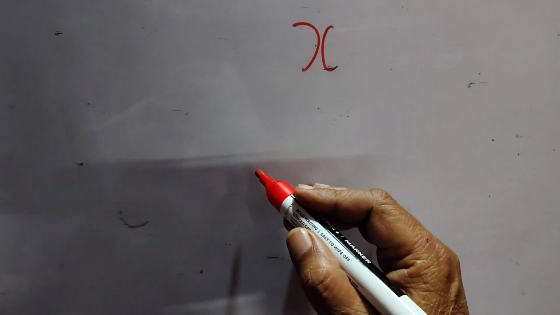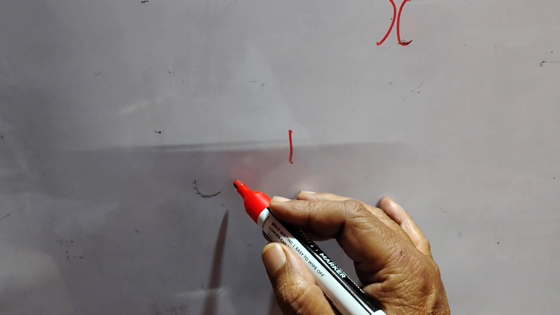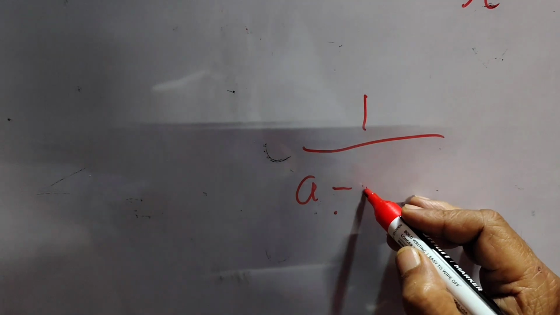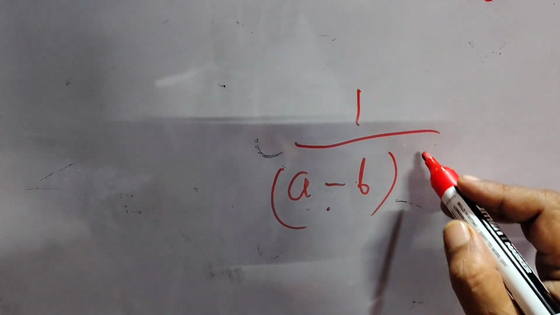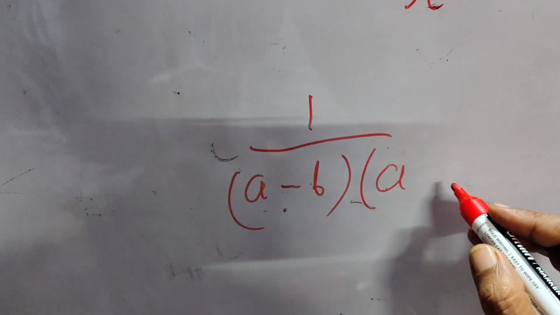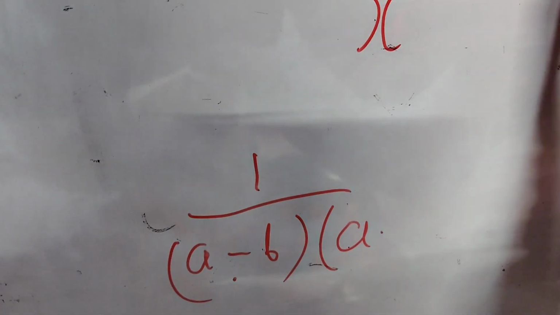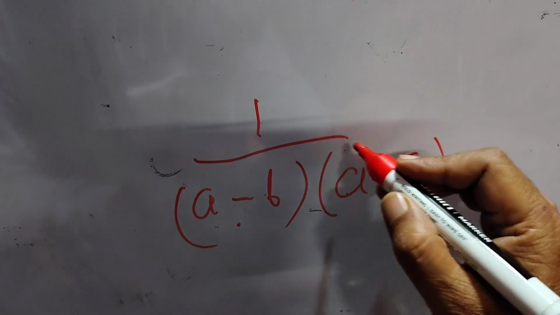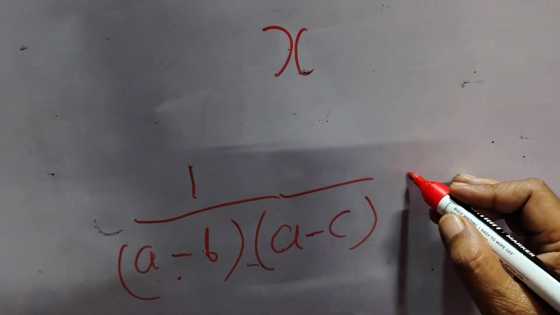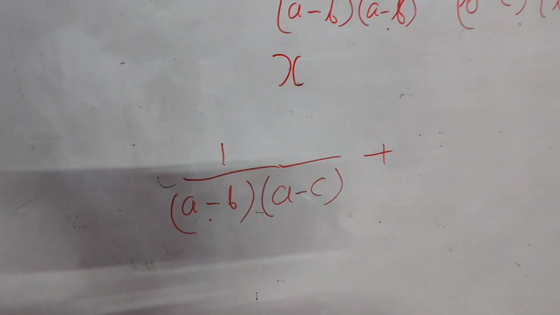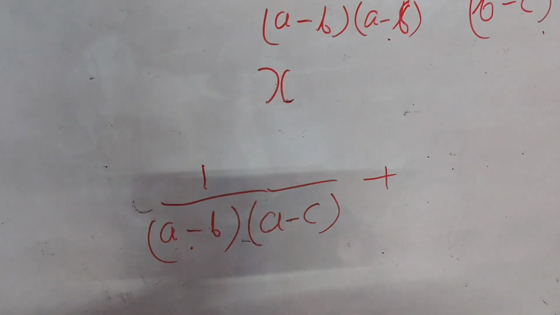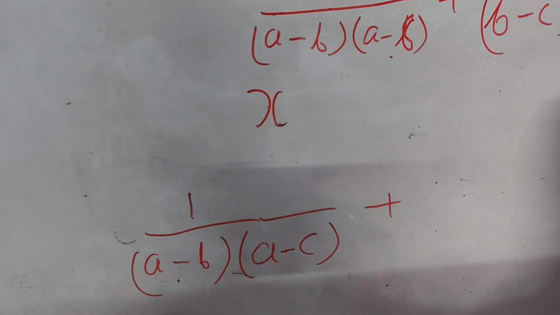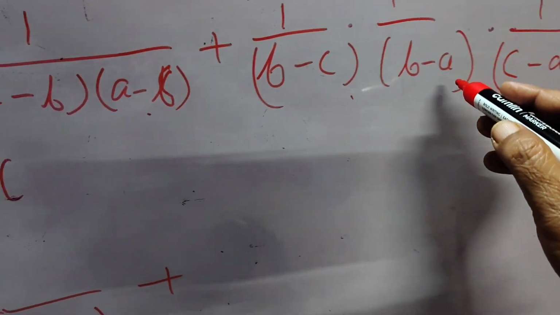It is 1 by a minus b and a minus c, plus here it is b minus c and this is b minus a.